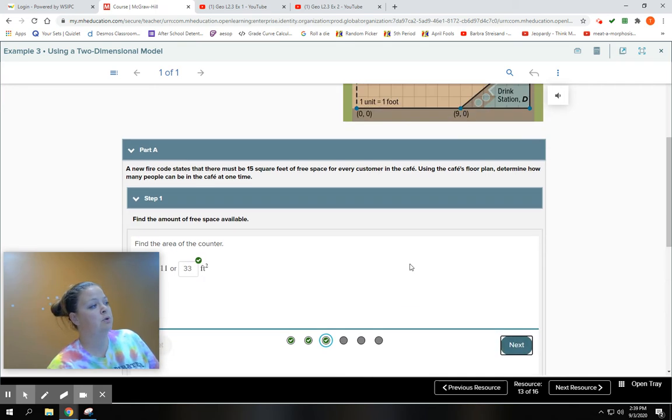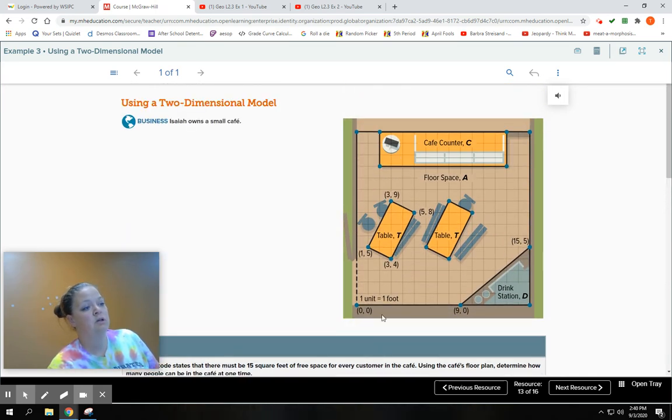And in case you're wondering where they're getting these numbers from, let's go up here. The distance from here to here is 15, and the distance from here to here is 15. So the entire area of this is 15 times 15. That's where they got that first one from.